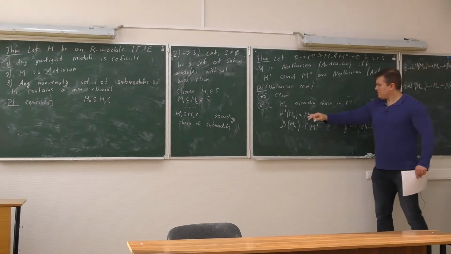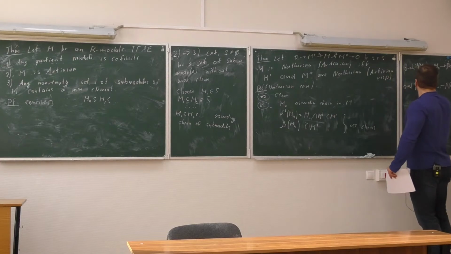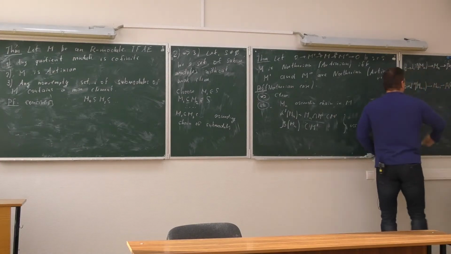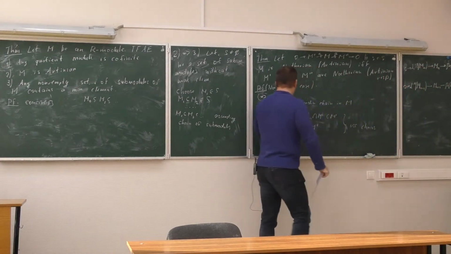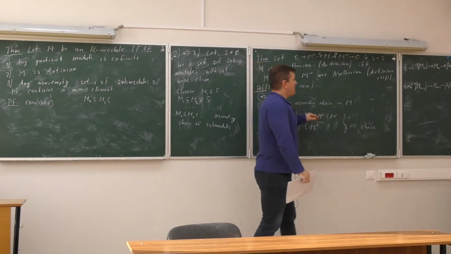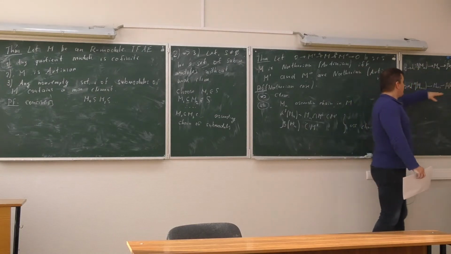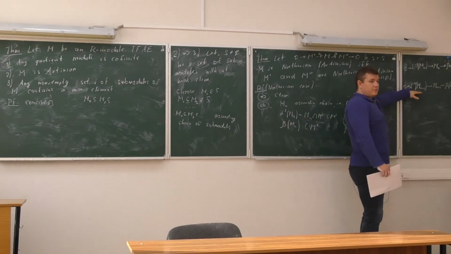No, this is for some fixed n. I choose a module M_n in this chain, and I have the short exact sequence for every module M_n by the definition of these modules. And then I do the same for the next module, M_{n+1}.